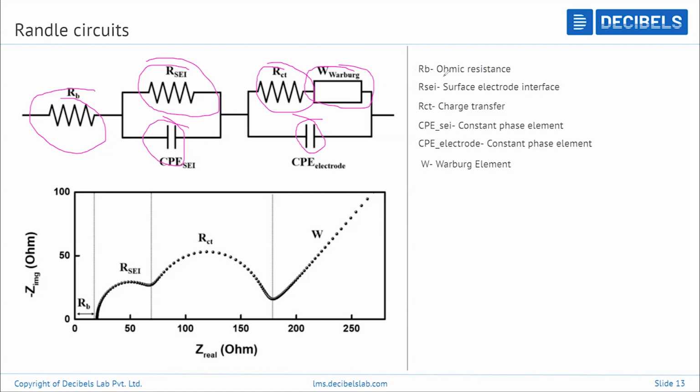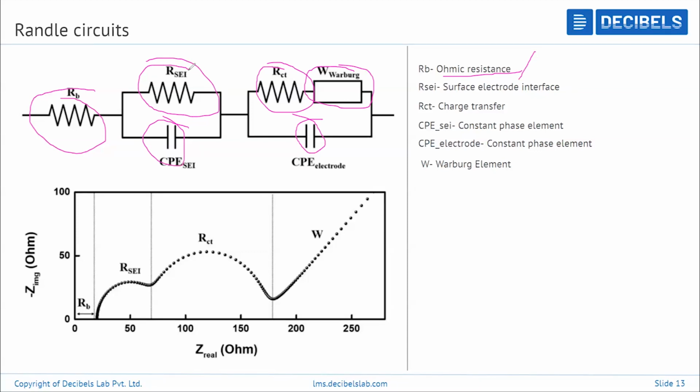So the ohmic resistance or electrolyte resistance, and the surface electrode interface. This is a layer which is going to be produced on the electrode inside the cell. When the cell is taken for charging or discharging, over the period that layer is going to increase in thickness.